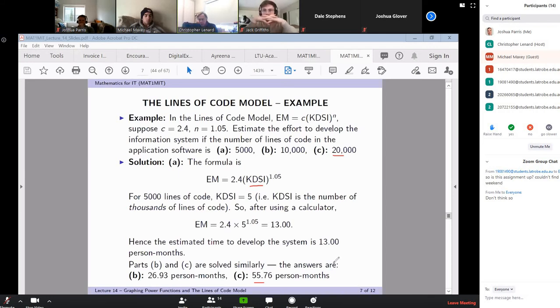So you can see that going from 5,000 to 10,000 to 20,000, 5 to 10 is doubling. And we went from 13 to a bit more than double. So 2 lots of 13 is 26, but we've got 26.93 person months.